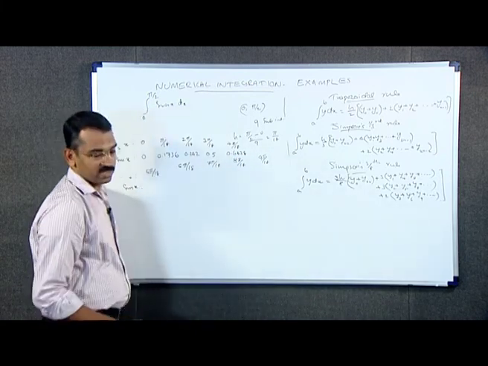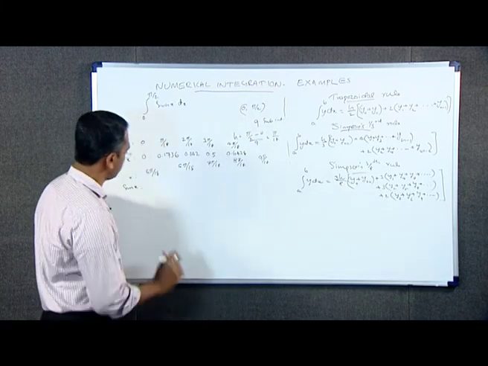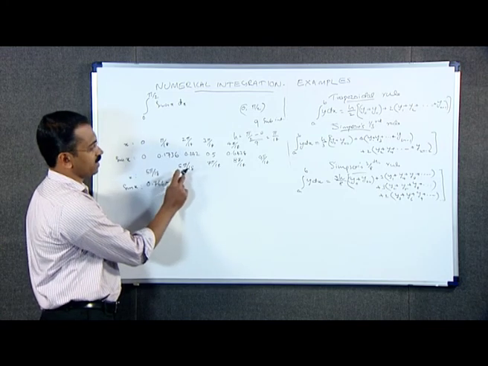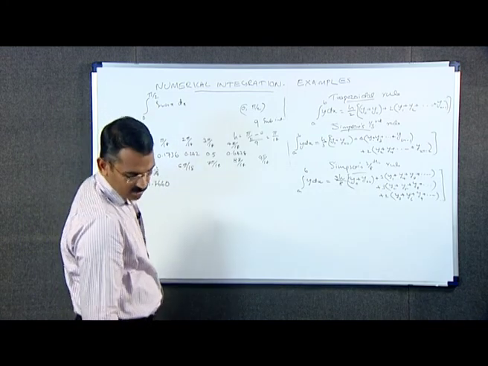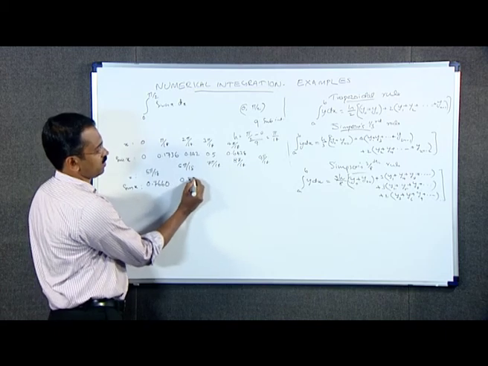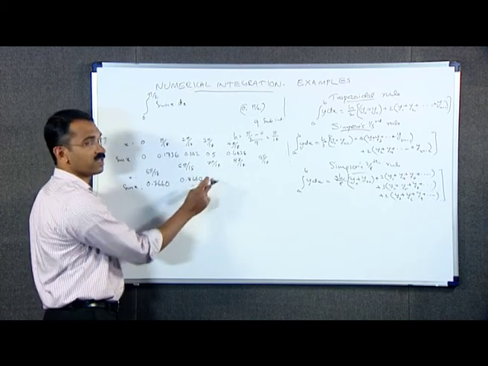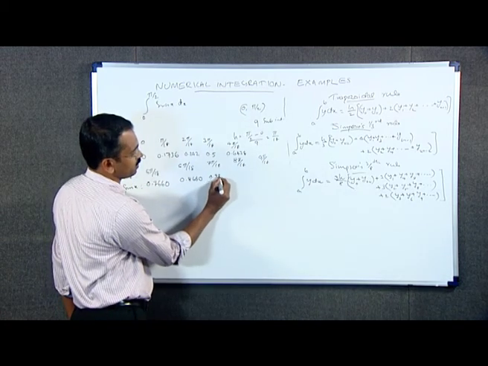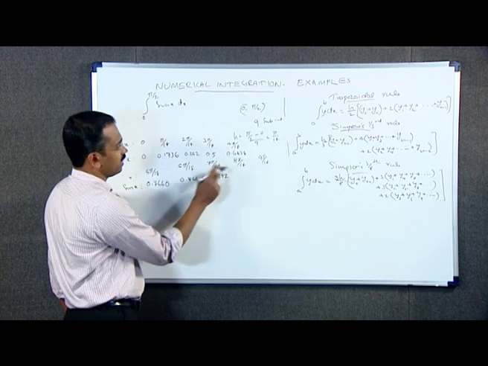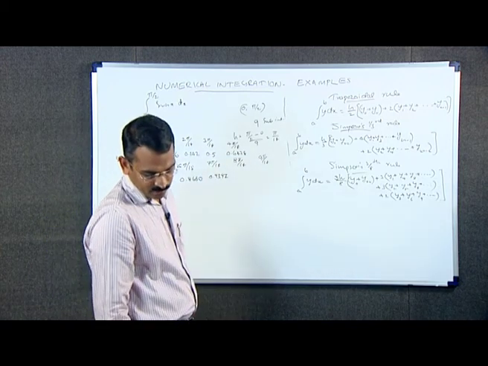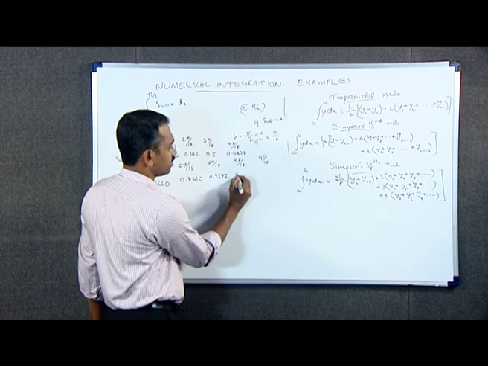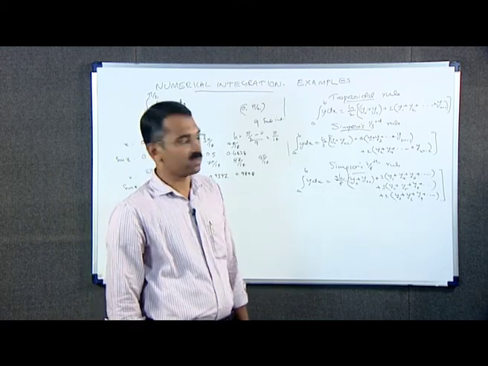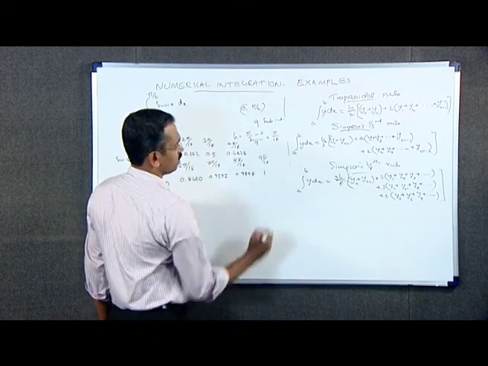Sin 5 pi by 18 is 0.7660. Sin 6 pi by 18 is 0.8660. Sin 7 pi by 18 is 0.9397. Sin 8 pi by 18 is 0.9848. And sin 9 pi by 18 is 1, that is sin pi by 2 is 1.